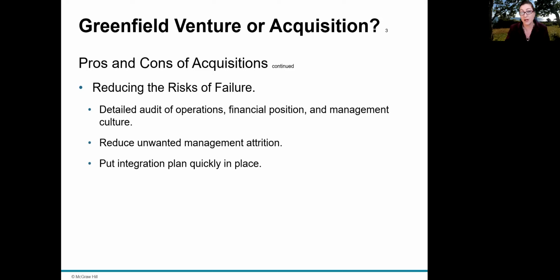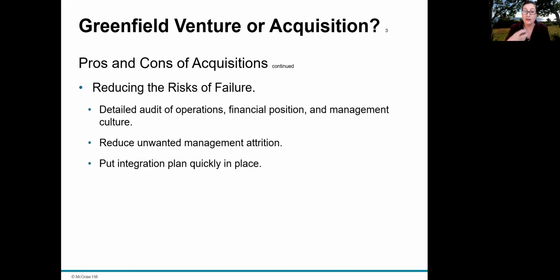They know how to conduct detailed audits of operations, financial position, and organizational culture. They know how to reduce unwanted management attrition. So in other words, we want to keep the internal expertise that we've got in such a strategically fragile time.